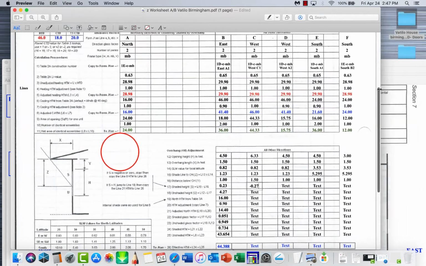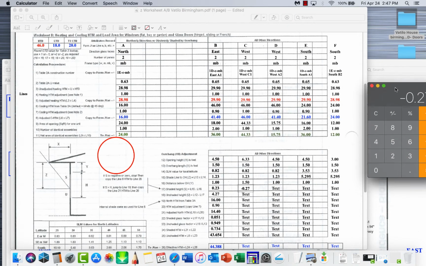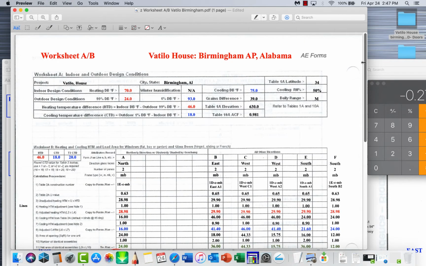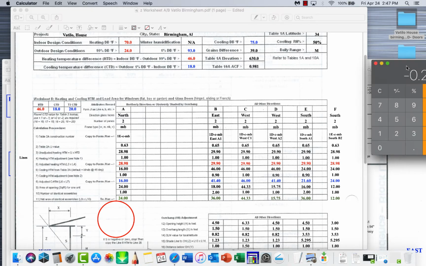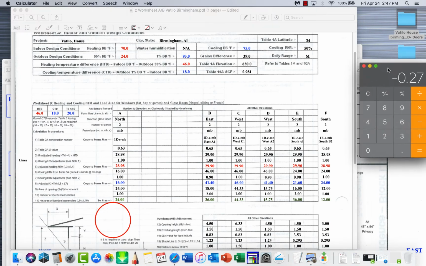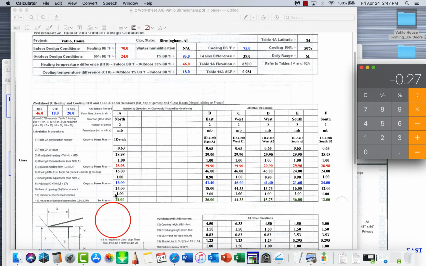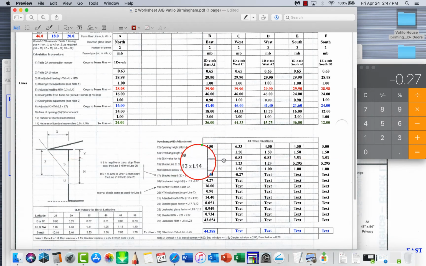I'm going to slide this over a little bit so my calculator can stay in visible sight. Now, right here on this number, we got negative 0.27.